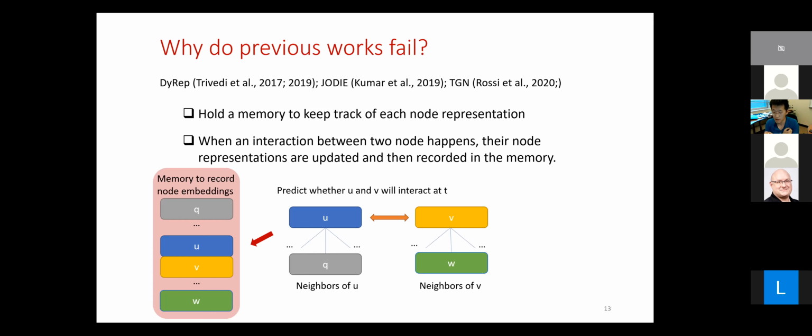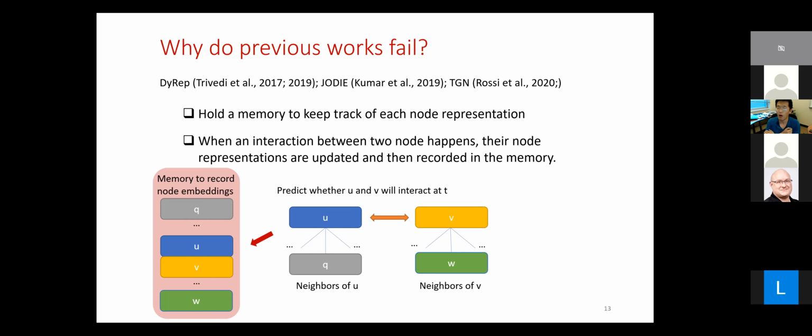Once they make this prediction, if a link is indeed observed between U and V, they will update the node representations of U and V and record them into this memory. So this is their line. It's very natural.